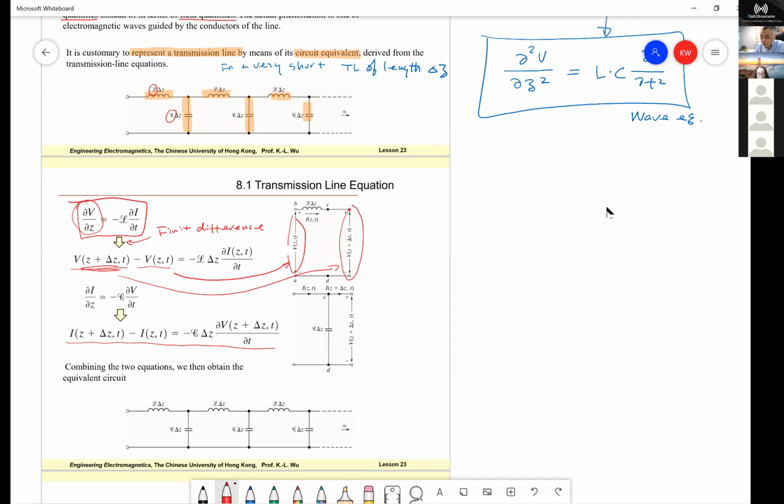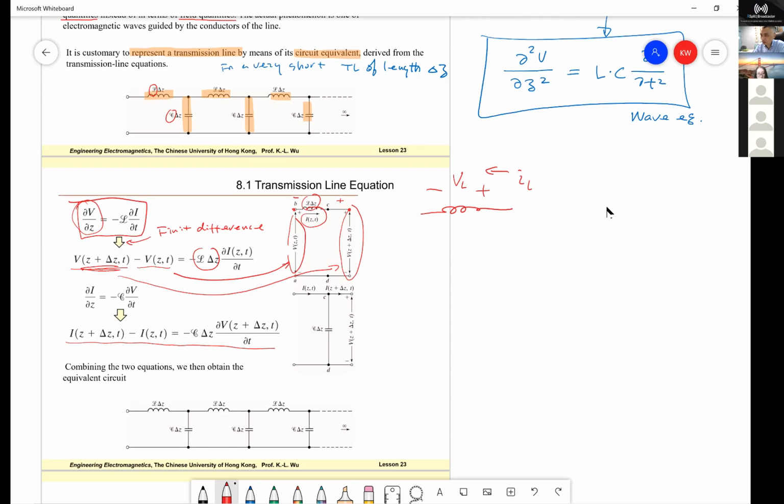So this voltage minus voltage is equal to the voltage across this inductance. This is the total inductance, exactly following the definition of inductance. Pay attention to the direction of current. In the ordinary circuit model, the current goes into the plus sign.